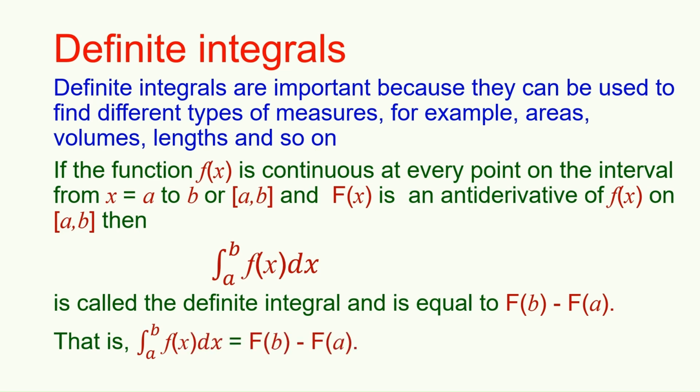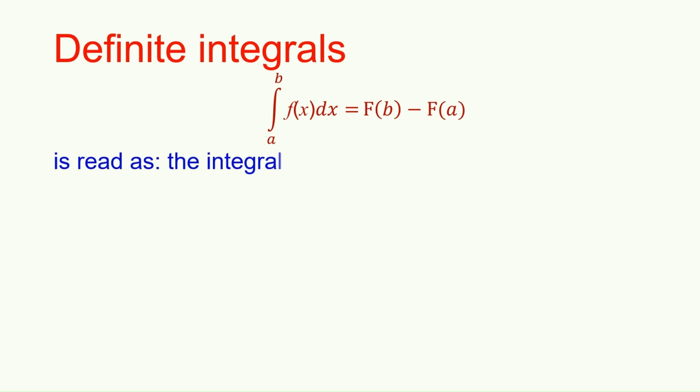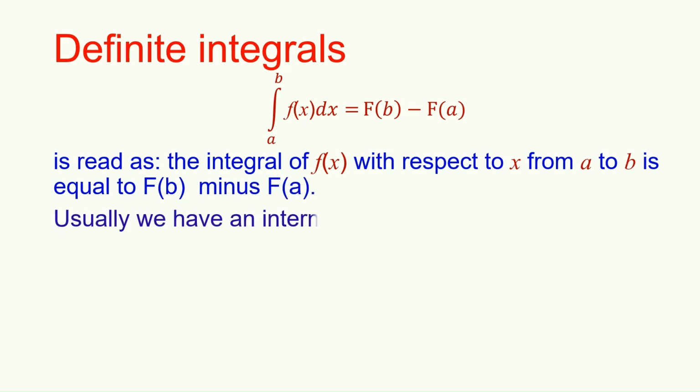That is, the definite integral from a to b of f(x) dx equals F(b) minus F(a). This is read as the integral of f(x) with respect to x from a to b is equal to F(b) minus F(a).